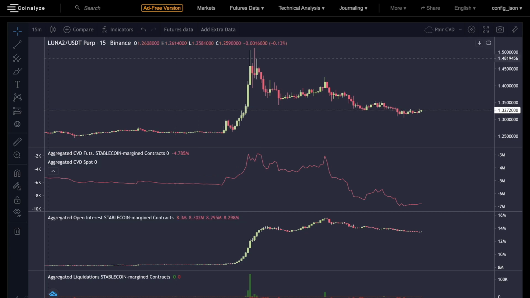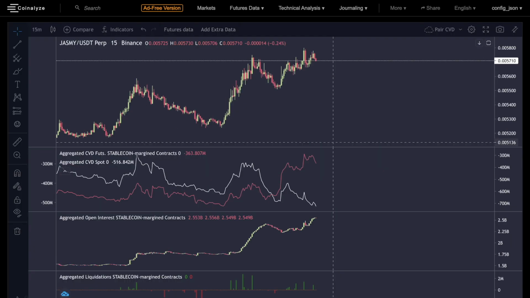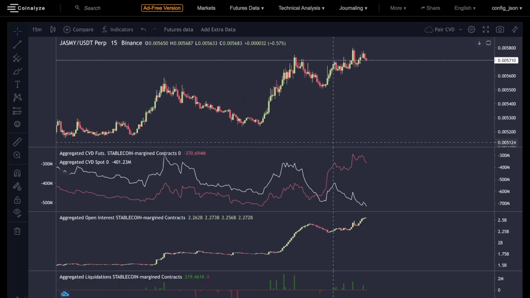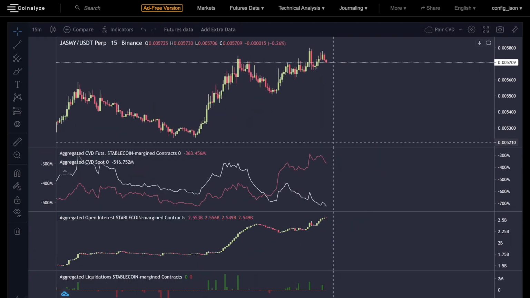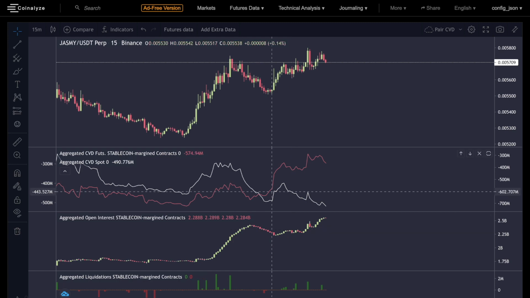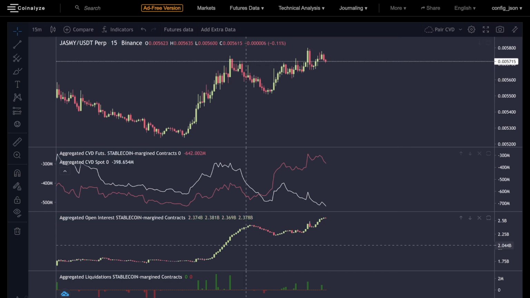For example, you can go with Jasmine. This is really interesting here. You've got spot CVD going down, future CVD going up, and OI going up. So you see there's longs opening in all this move up. But overall, there's longs opening here. They just got squeezed here a bit, but nothing too significant.